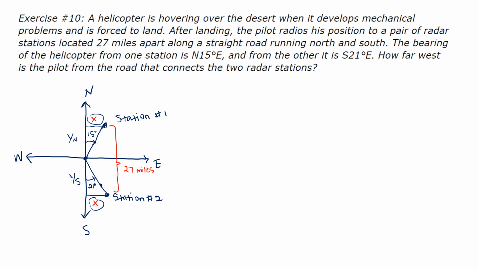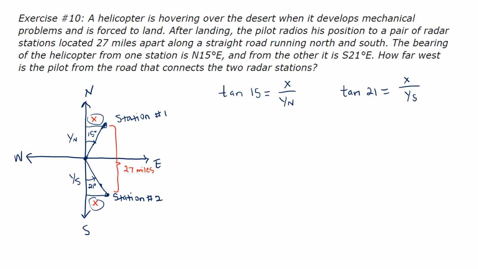To set up our equations for both triangles, we will utilize the trig function tan because we know the opposite and adjacent sides. So the tan of 15 will equal x over y sub n, and the tan of 21 will equal x over y sub s.